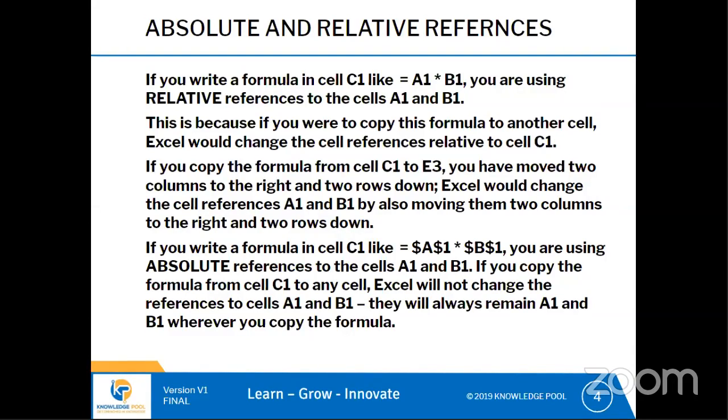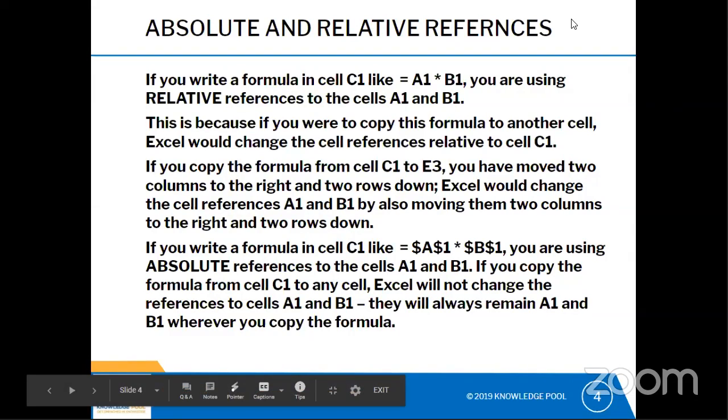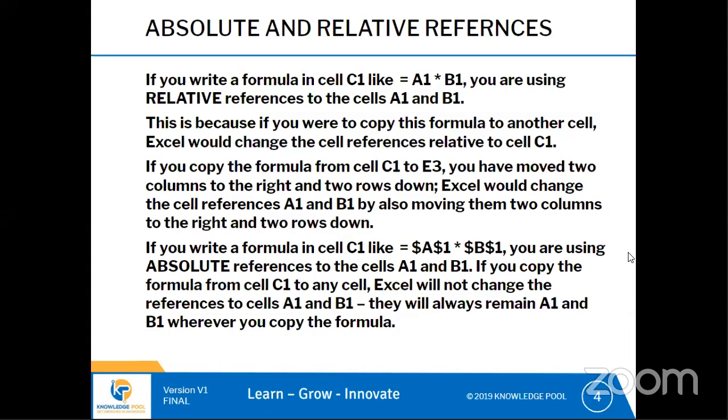If you write the formula in C1 like $A$1 times $B$1, you're using absolute references to cells A1 and B1. If you copy the formula then from C1 to any cell, it will not change the references A1 and B1.